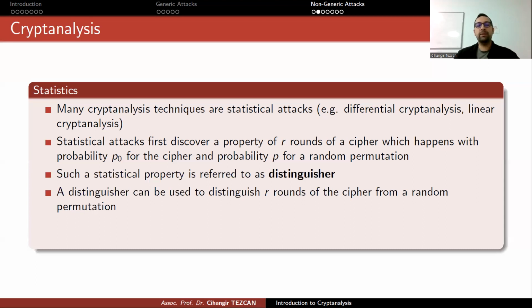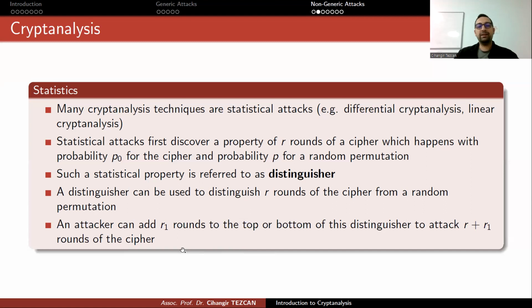A distinguisher can be used to distinguish R runs of the cipher from a random permutation, because this property is an event on the R runs of the cipher. An attacker can then add R1 runs to the top or bottom of this distinguisher to attack R plus R1 runs of the cipher. Okay.